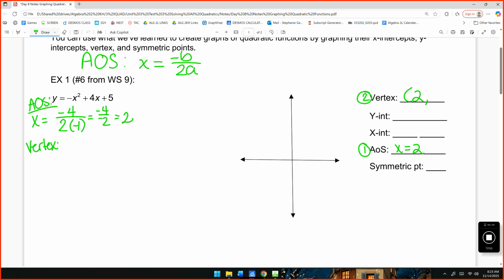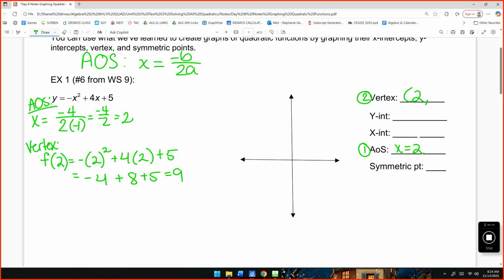I know that the x-coordinate is 2, so to get the y-coordinate, all I'm going to do is plug in 2 for x in the function. That's what function notation is for. It says, I'm the function of 2. So I replace x with 2, so this will be 2 squared is 4, and then the negative is happening after the fact, so -4 plus 8 plus 5, which is 4 plus 5 is 9.